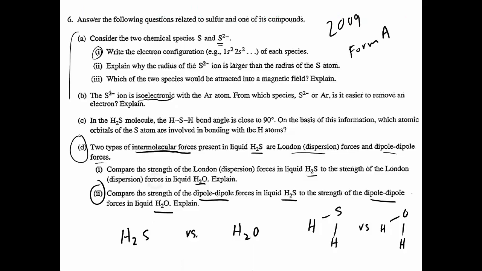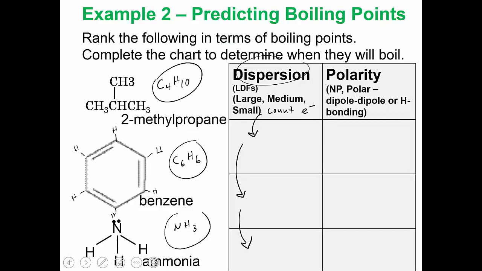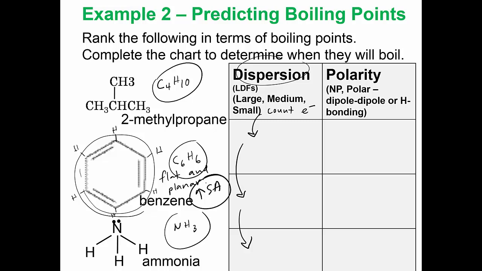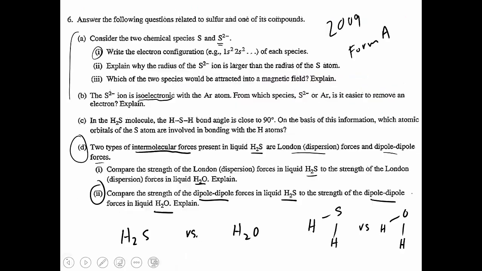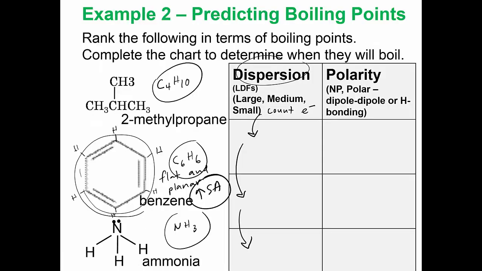Okay. And also this molecule. Now we haven't played around with our molecule kits, but this molecule is actually flat and planar, which really improves the surface area. Okay, so I'm giving you a hint that this molecule, benzene, has excellent LDS.